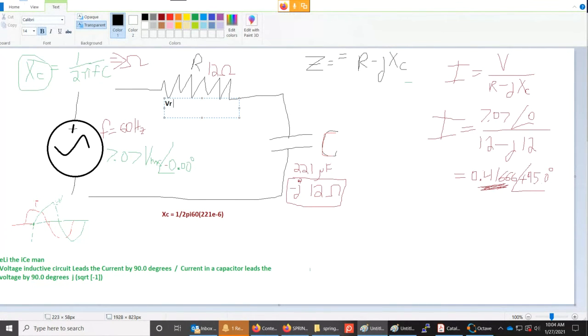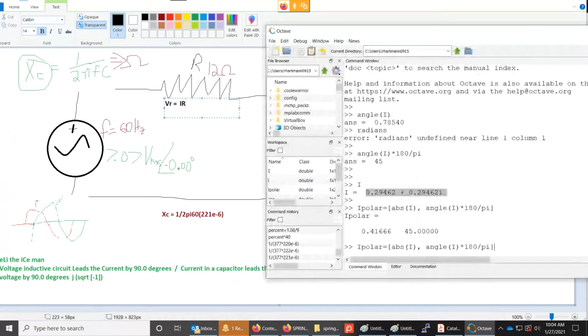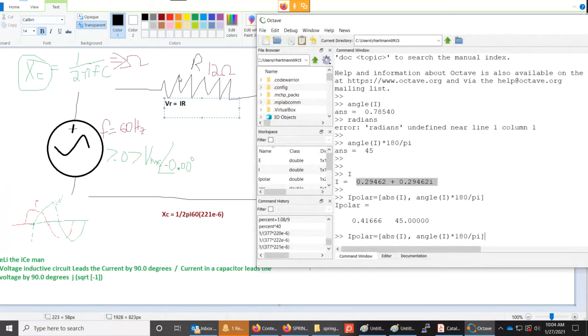The voltage VR is the current times the resistance. That's just Ohm's law. That hasn't changed. So we can calculate what the voltage drop across the resistor is, which is the proper way of saying that.